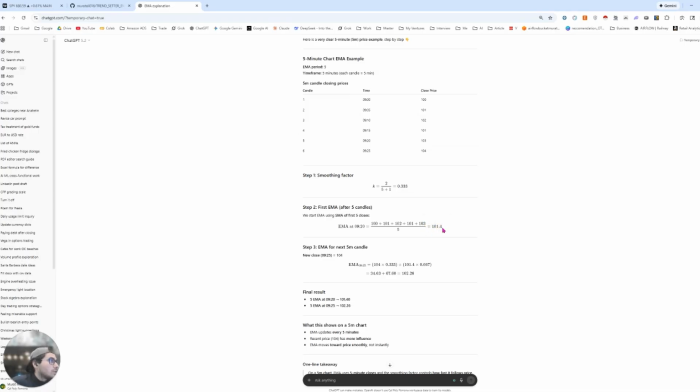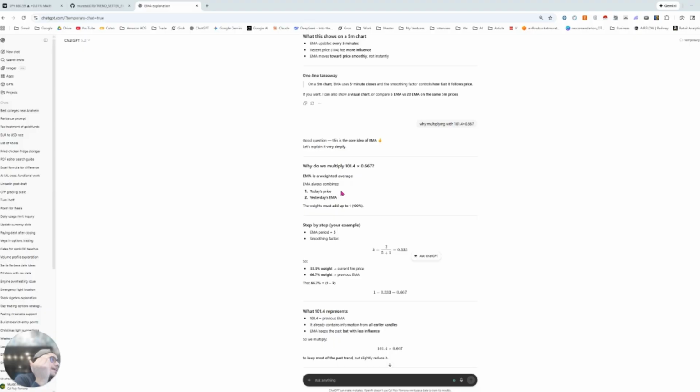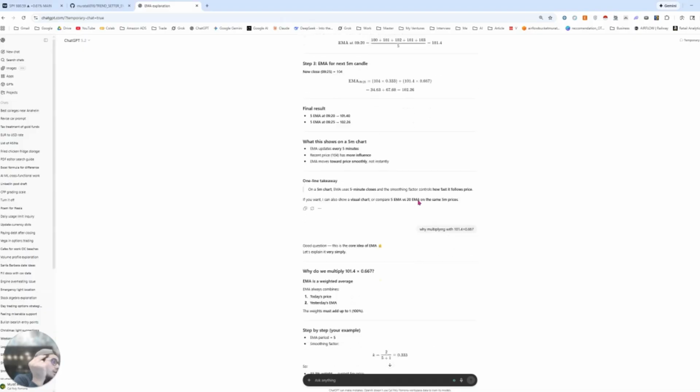value. What we're going to do is multiply the current close price with the smoothing factor, then the EMA, exponential moving average, actually SMA, simple moving average. We're just finding the average of the last 5 periods of the closes. Then we're going to take the SMA and multiply it with the complement, which is a weighted average, because it must add up to 100%.